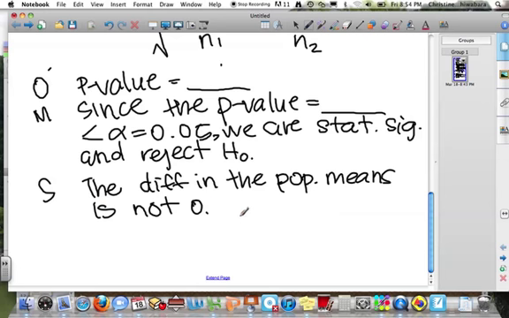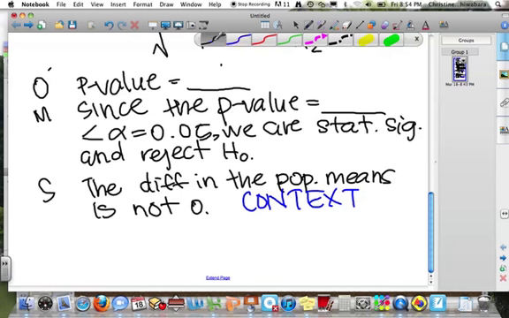All right, make sure that this last part over here is also in context, because it makes no sense for you guys to write anything if it doesn't have any context. Okay, and make sure that what you guys are writing over here for stating your conclusion pretty much reiterates what you wrote in part P of PHANTOMS, where you described your population and your parameter of interest. They should virtually look the same.